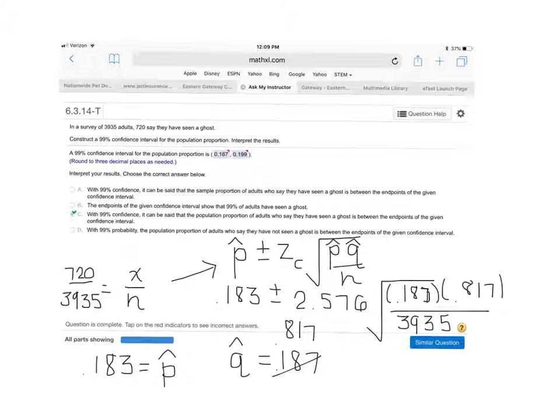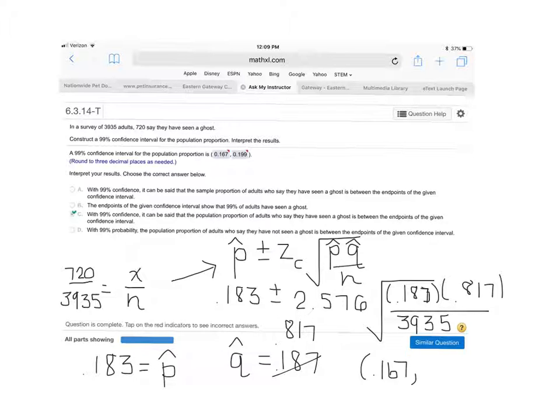So again, we're going to work left to right. We're going to take 0.183 minus 2.576 times the square root of 0.183 times 0.817 divided by 3,935 to get our lower limit. And we get a lower limit of this interval equal to about 0.167. And then we're going to do the same thing with the plus in front of the critical value to get the upper limit.